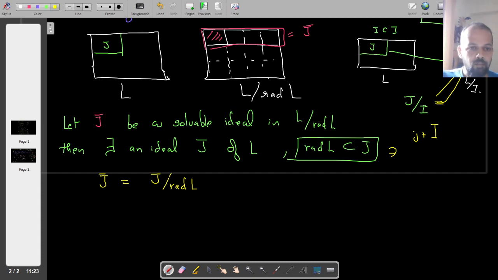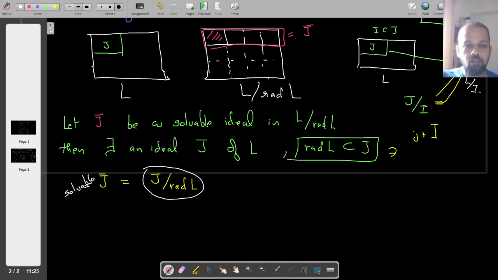Now J bar is solvable. That's what we have said. We started with a solvable J bar. So this is solvable, and radical L is the largest solvable ideal, so this is solvable.